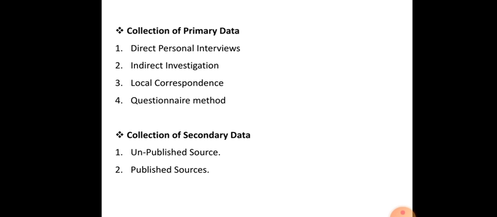It includes direct personal interviews, where investigators directly meet the informants and collect the information, as well as indirect investigations, where investigators indirectly collect the information from the informant, and next local correspondence as well as the questionnaire method. By way of the questionnaire they collect the information from the informant. These are the methods under the primary source.